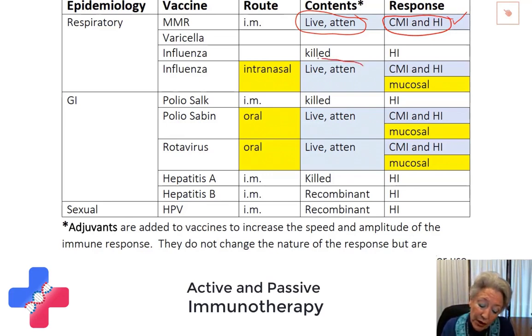And furthermore, if I deliver a live attenuated vaccine across a mucosal surface, then realize not only do I have the strength of the entire system behind me, but I also have it directed specifically at the entry point that that pathogen prefers to use. Okay, so I will leave this with you to look at more fully.